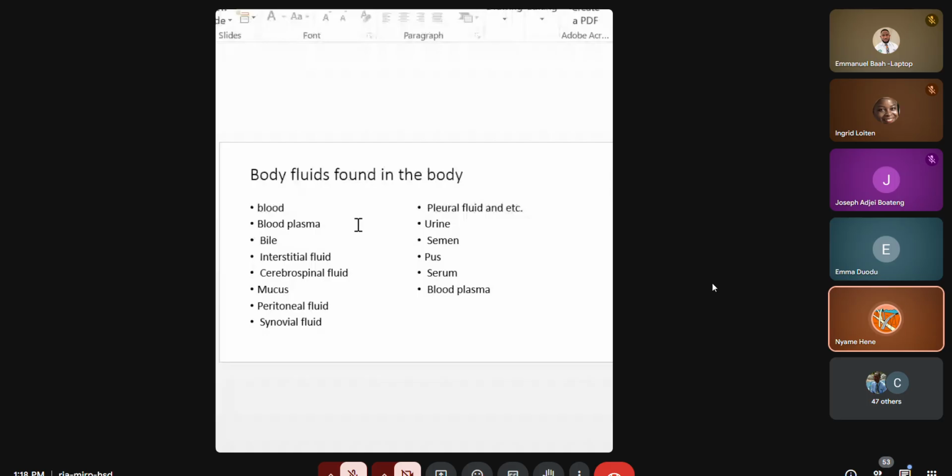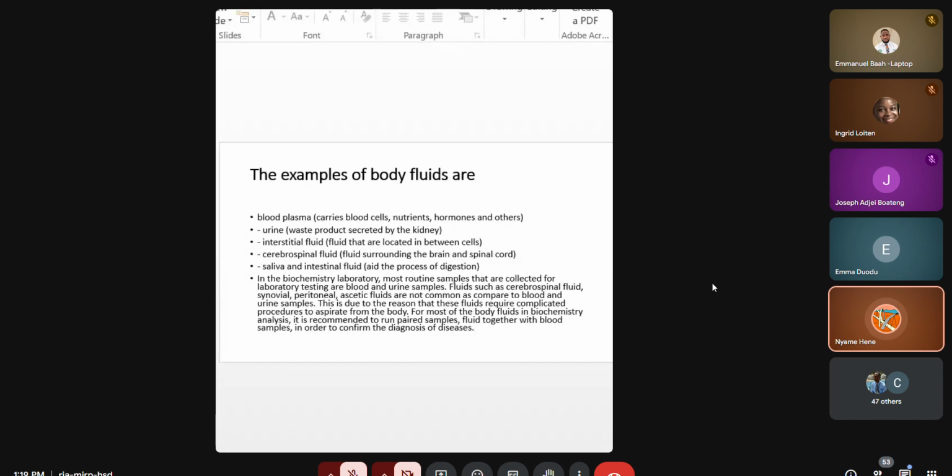These are the things that we talked about, and these are going to be the samples taken forward for these labs to be done. We are going to take them one after the other. The commonest one of them is the blood.